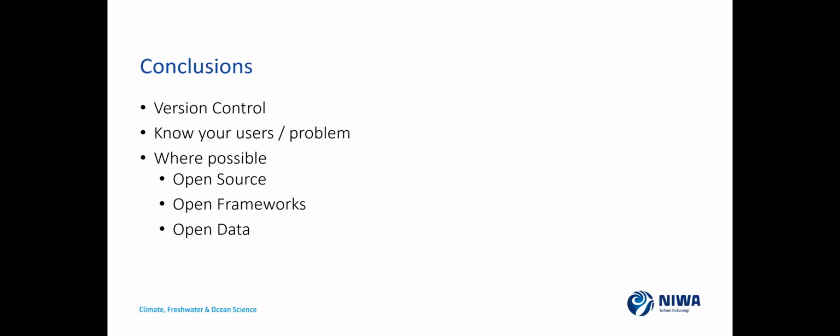I think it's really important to know either our users or our problem, depending if we are creating software for ourselves or for others. And where possible, we really benefit from making use of open source software, open frameworks, and open data.